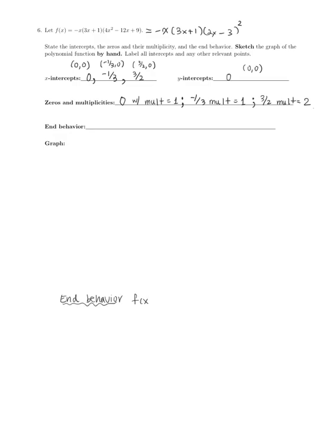Your f of x is going to look something like negative 12 x to the 4th. So our graph is going to mimic negative x to the 4th. It's going to go down, looking like a downward parabola almost.